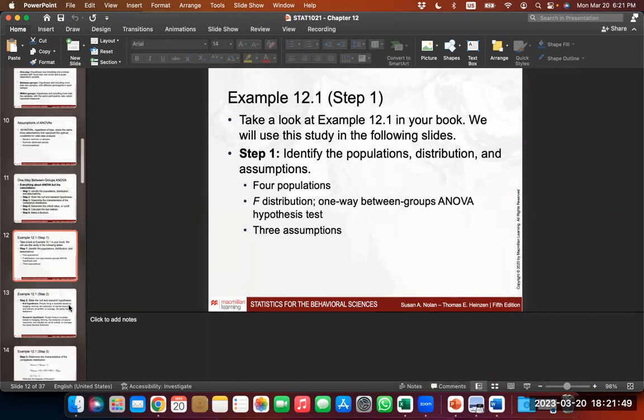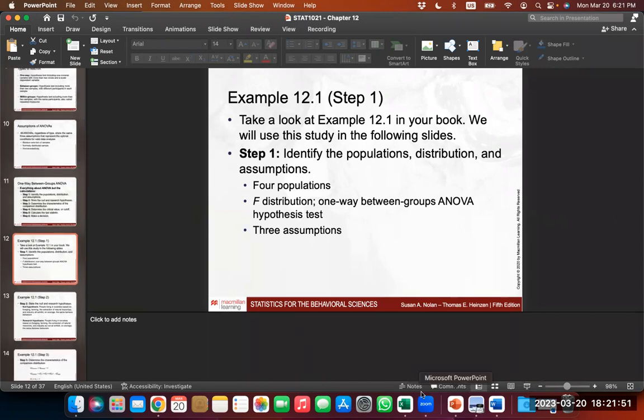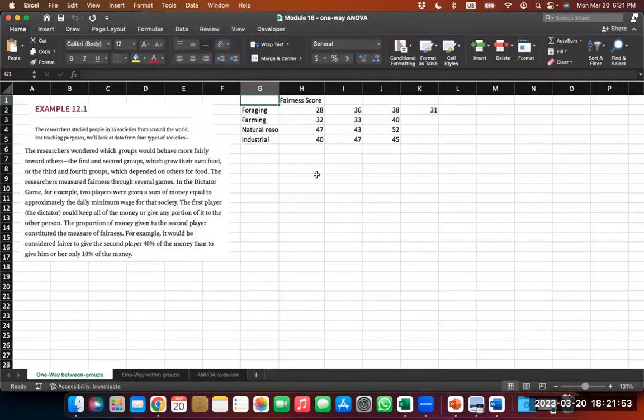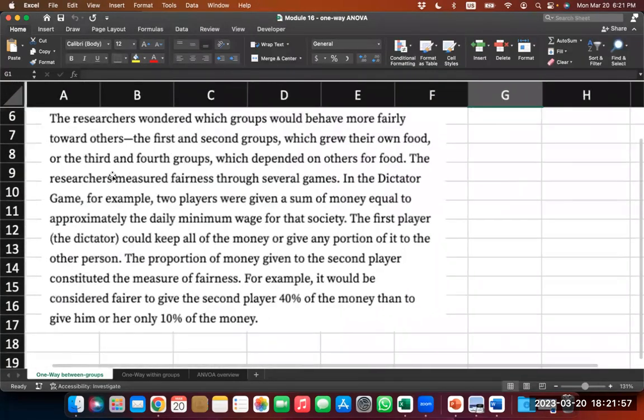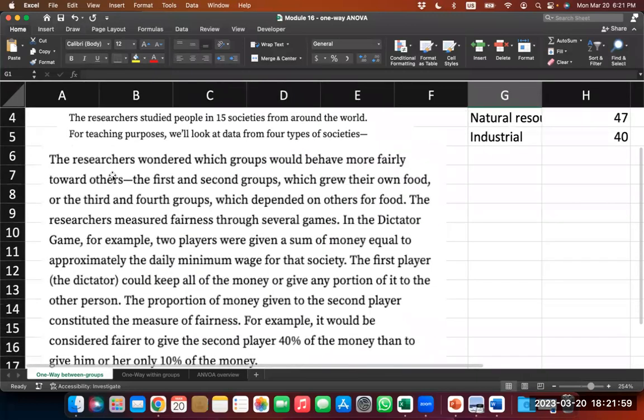Okay. So today we will do example 12.1 in your book, which is the so-called dictator game. The dictator game is a sociological experiment where 15 societies all over the world have been investigated.